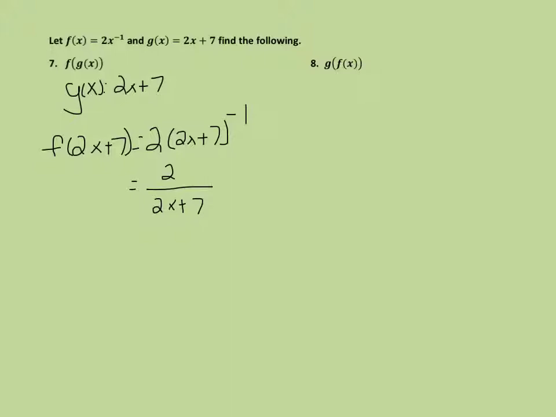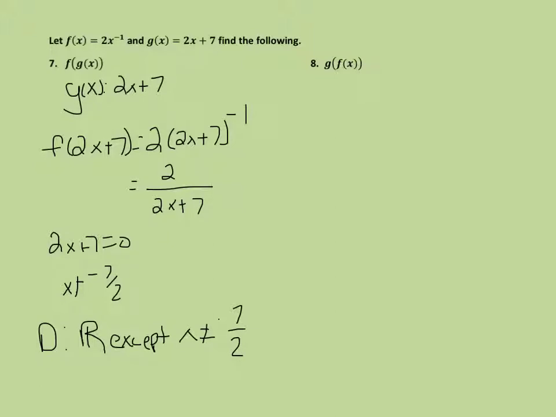If I asked you for the domain of this, remember, when you have a denominator, you got to set it equal to 0. So you get x equals negative 7/2. That tells you what you can't have. So here's another way of writing domain: all real numbers except x cannot equal negative 7/2. Okay? Notice I don't use decimals. No decimals. Fractions, improper fractions, or whole numbers. That's it. No decimals.